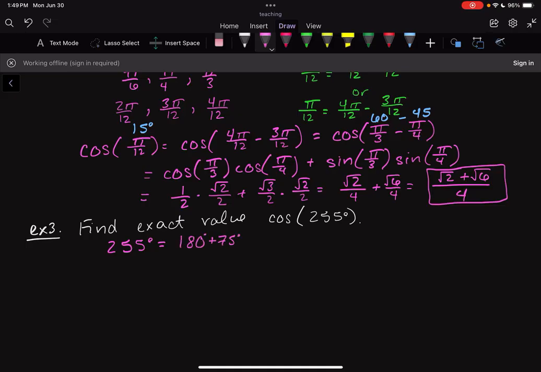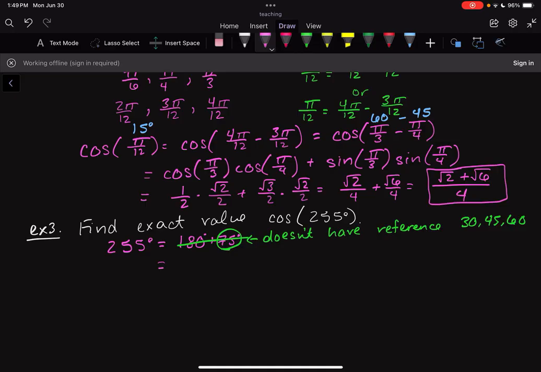People will say, okay, well, let's just do 180 and 75. The reason that you can't do this one is because of this 75. It doesn't have a reference of 30, 45, or 60. So it's not a good option.